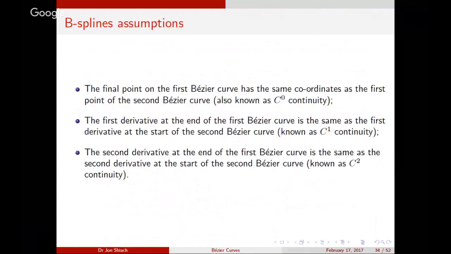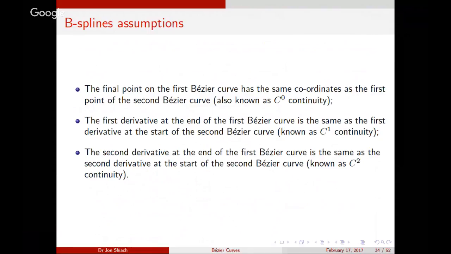Because we're joining Bezier curves end on end, we have a few assumptions to make. The final point on the first Bezier curve has the same coordinates as the first point on the second one. In other words, where one finishes, the other starts. The first derivative at the end of the Bezier curve, i.e. the gradient at the end, is the same as the first derivative at the start of the second Bezier curve.